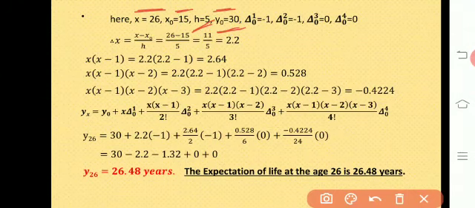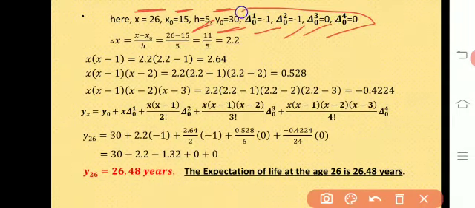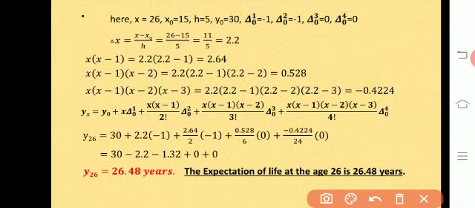Delta 0 raised to 1 is minus 1 from the table. Delta 0 squared is again minus 1. Delta 0 raised to 3 is 0 and delta 0 raised to 4 is 0. These values you will get from the previous table. Then we need to find x. X is nothing but x minus x0 upon h.